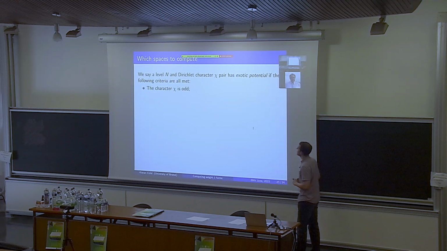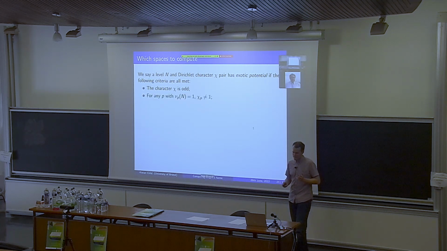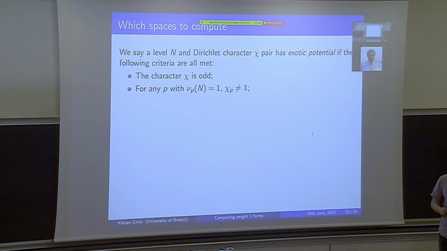We say a character has exotic potential if the character is odd. Of course, we don't need to check even characters for weight 1. If for any prime p which maximally divides the level n, the character is not trivial.